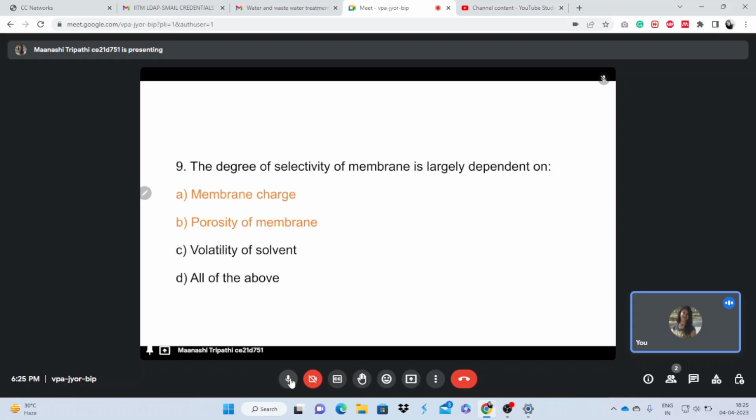Porosity you can easily understand: if it is highly porous, it will allow more particles. Next is membrane charge. In some types of membrane, especially the ion exchange membrane, there is some functional group, so it will allow only a particular functional group to change position. That depends upon the membrane charge.